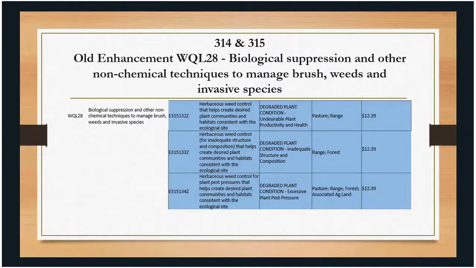Okay, let's move on to the 315 herbaceous weed control enhancements. There's an old enhancement WQL.28, which was biological suppression and other non-chemical techniques to manage brush, weeds, and invasive species, and now that's covered by, well, I think that's the same one, the two enhancements we just discussed, and these three, which are attached to herbaceous weed control, 315.